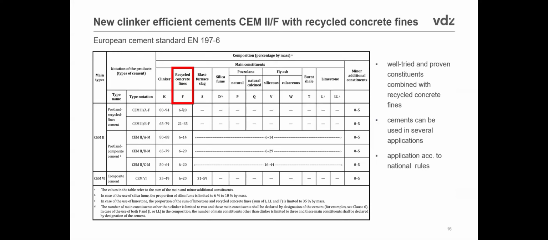And you can see that the different cements have the possibility to be composed of clinker, then recycled concrete fines, and even other materials which are well tried and traditional. So we have the possibility with the recycled concrete fines to reuse material in the sense of closing the recycling loop, but at the same time, the huge benefit is that we also contribute to CO2 savings.